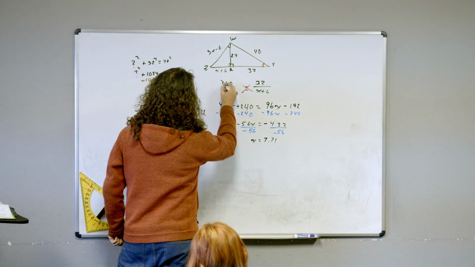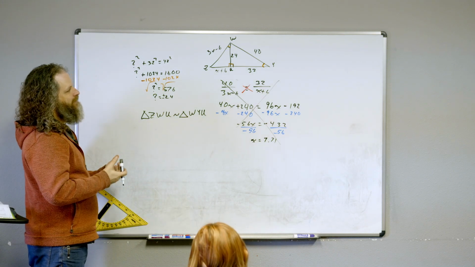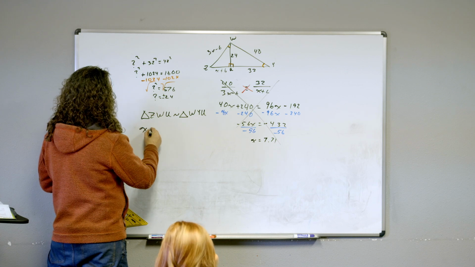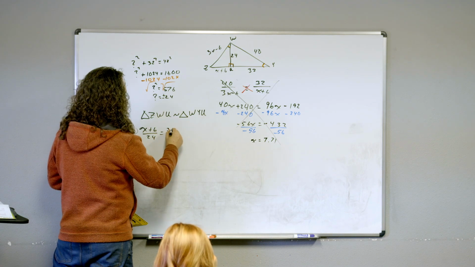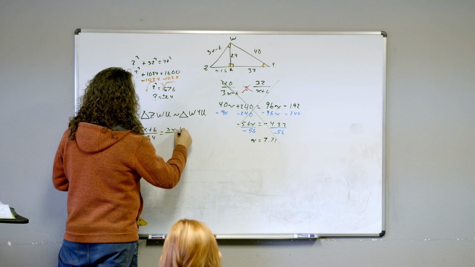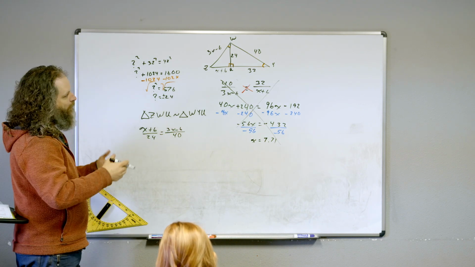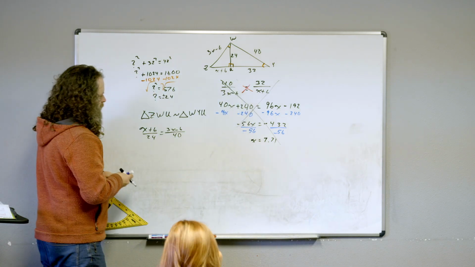Because this one is false, what proportion can we actually set up? X plus 6 is to 24 as 3x minus 6 is to 40. Now what? Cross multiply.